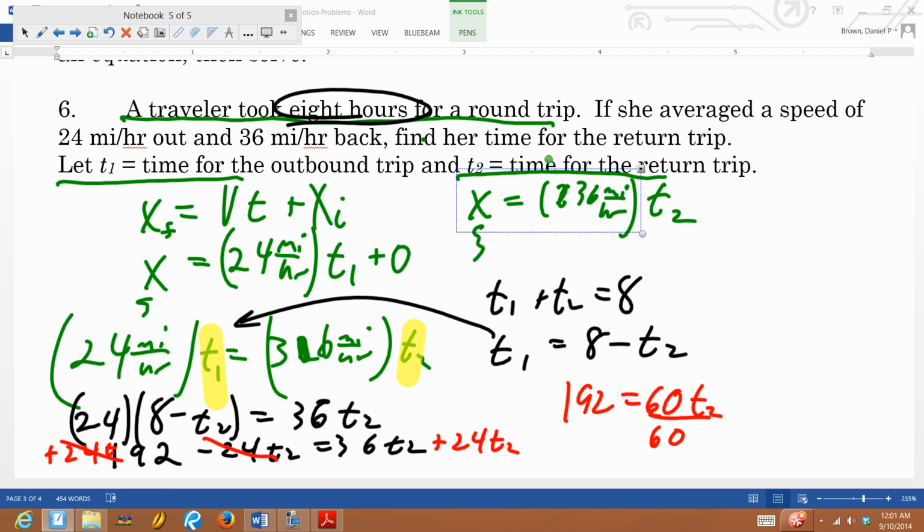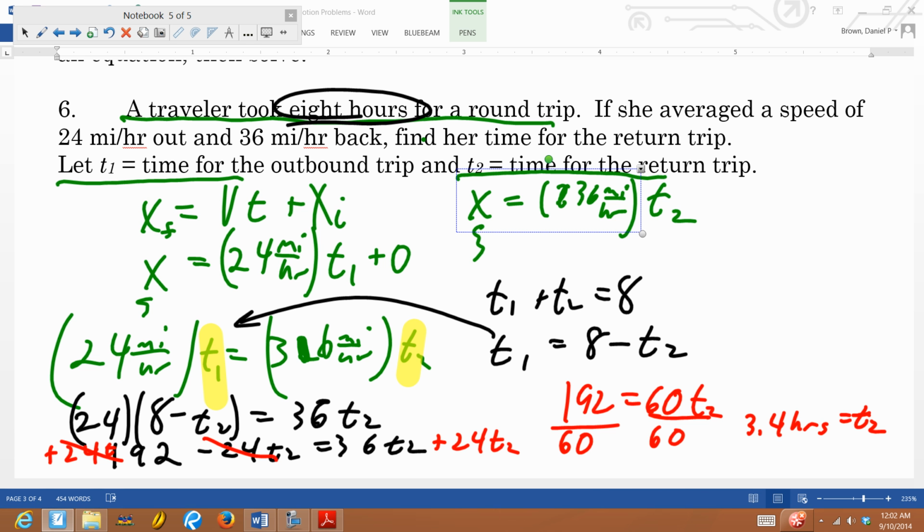3 times 60 is 180. This remainder of 12, or 2/5, 0.4. So it looks like 3.4 hours is equal to T2. I messed that up.